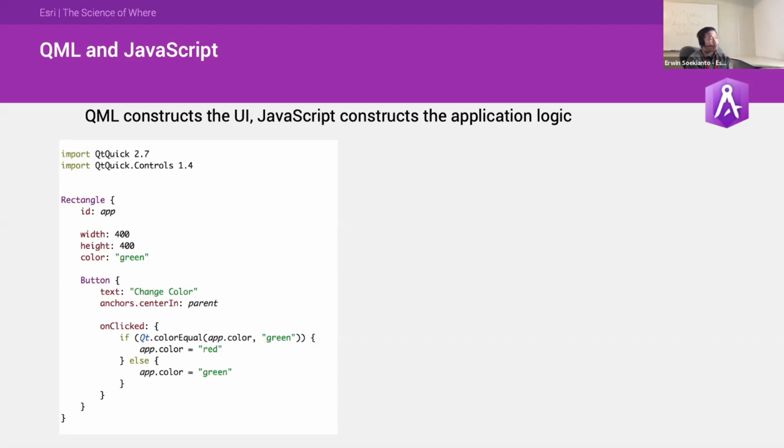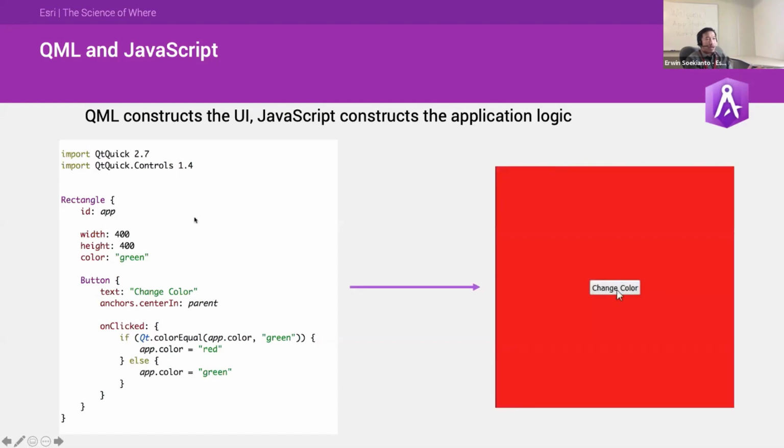For this example, it says that if the color of app.color, see, that's when the ID becomes useful, is green, change the app.color into red. Otherwise, keep the color of the app to be green.